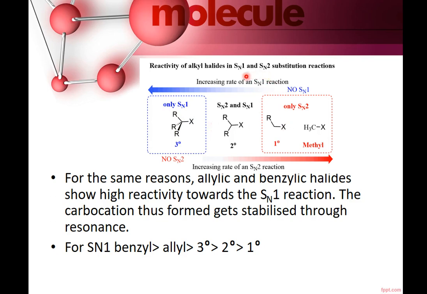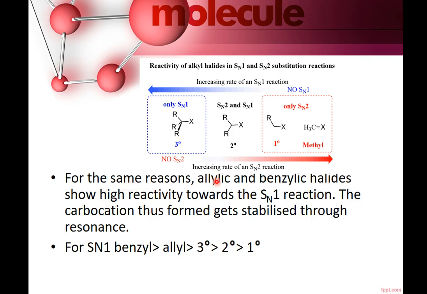Actually, the SN1 reaction is facilitated because of the formation of carbocation. So, the reactivity order depends upon the stability of carbocation. Since tertiary carbocation is most stable, that's why tertiary alkyl halide is most reactive.